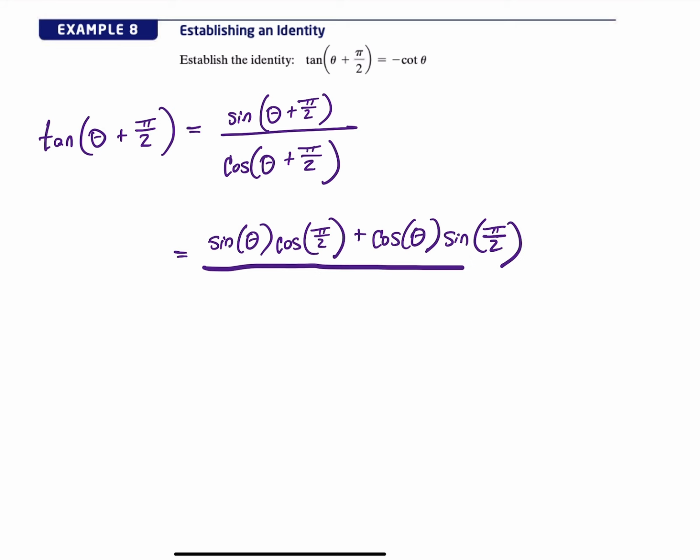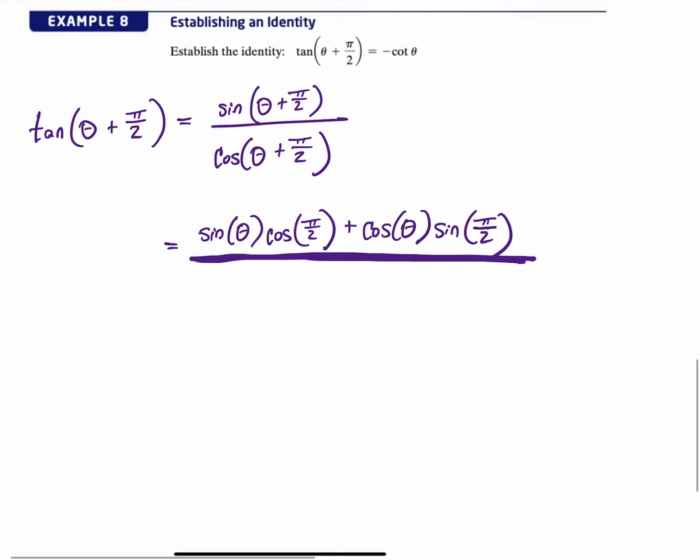So that will be our numerator. And then for the denominator, cosine of theta plus pi over 2, that one has the cosines and sines paired together. So cosine of the first angle, which is just theta, times the cosine of the second angle minus the sine of the first angle times the sine of the second angle.